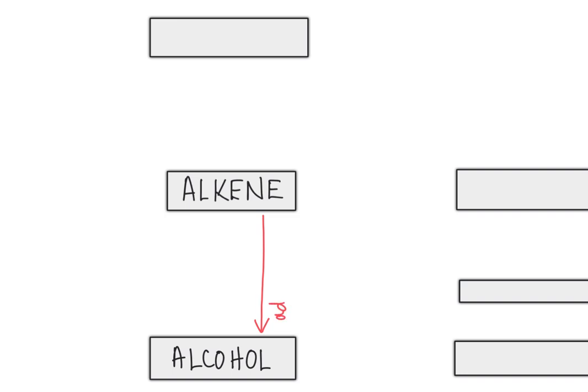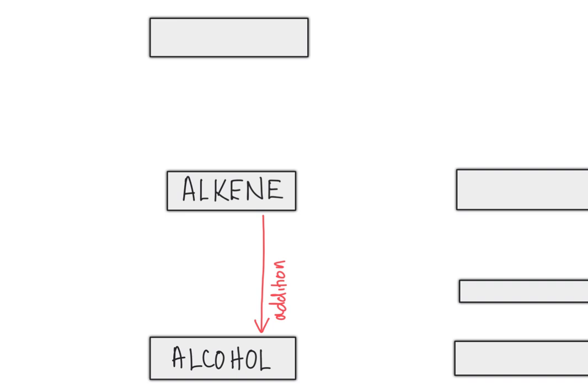So let's say, for example, I have an alkene, and I want to get this alkene to become an alcohol. Okay, so if I want to go from alkene to alcohol, I can do an addition reaction.